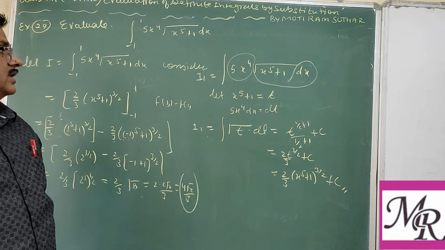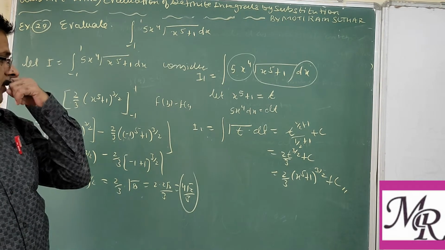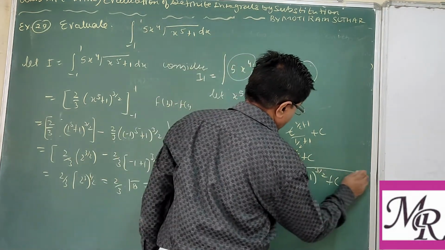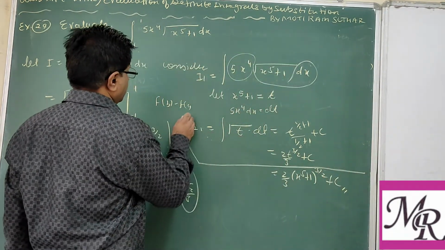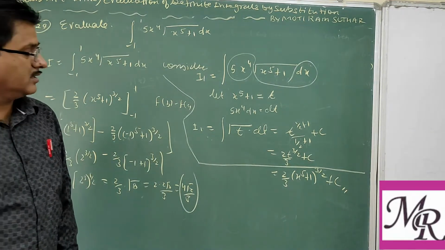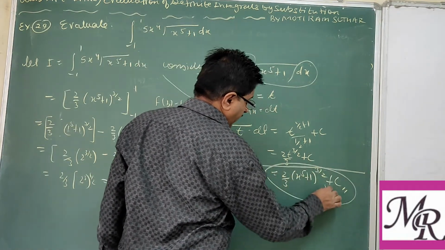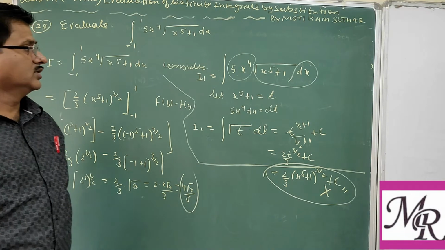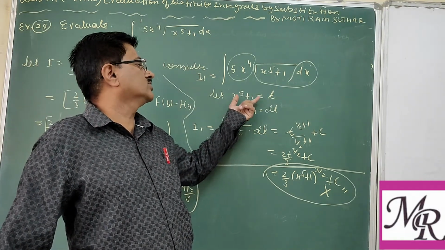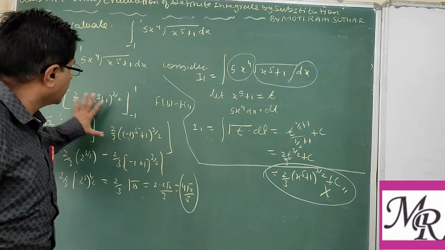So write this down. Now one more thing we are saying: in this method we can also work without resubstitution. Suppose after this step, if you are using this step, but we don't want to resubstitute. Clear? So if you use another method and don't substitute this value back, then here you have to change the limits. So this method is already correct, we have done it.